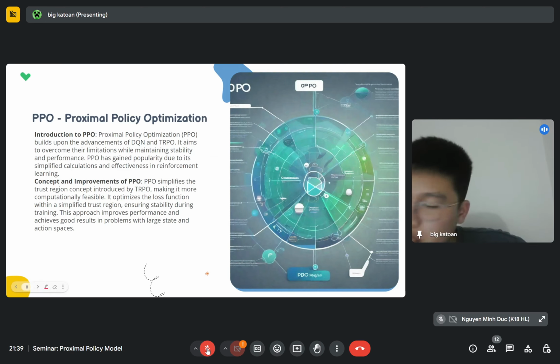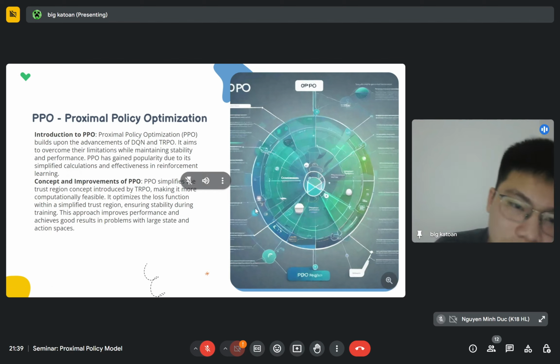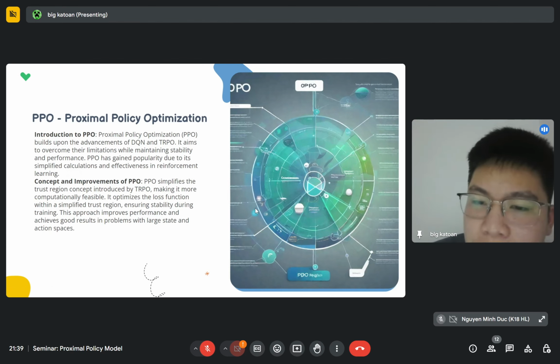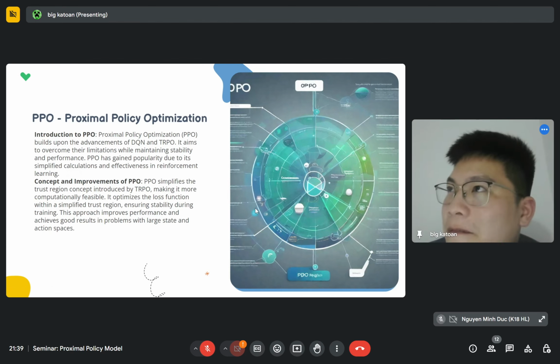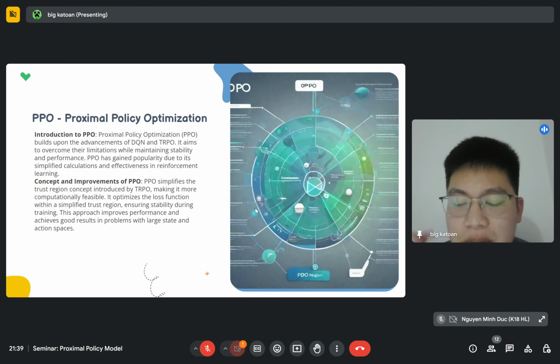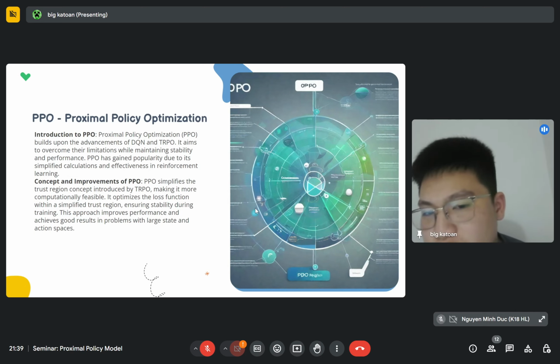We need to talk a little bit about the simplified calculation of PPO. Actually, PPO is quite similar to TRPO, but with a little difference. The difference comes from the clip function.